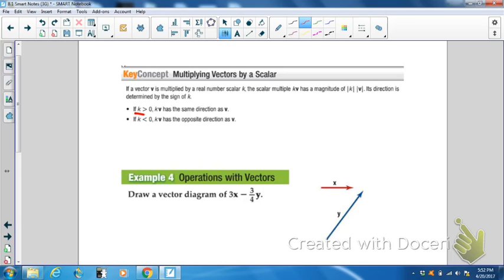So if k is greater than 0, then the vectors are going in the same direction. If it says less than 0, then it's going to go in the opposite direction that it's originally stated as.